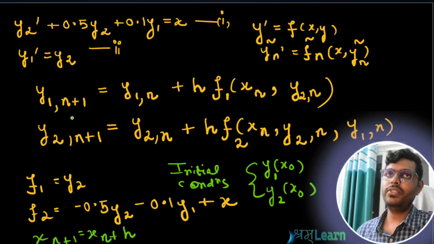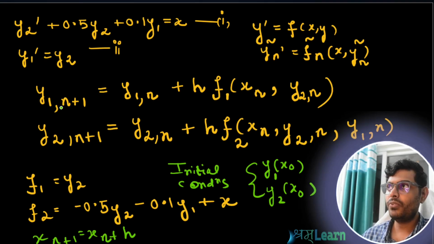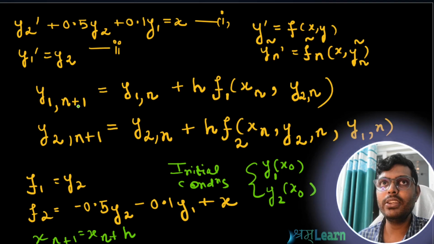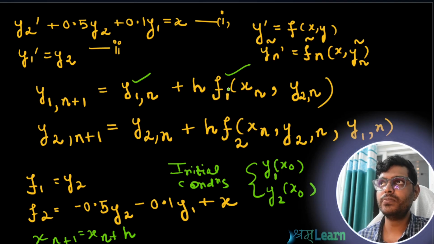Okay, so for a new x value, can we find a y1 value for a new x value? Yes, because we know what is y1 x naught, or y1 n is known to us. We know this function because this function is nothing but y2. We know y2 x naught. Okay, this is known to us.